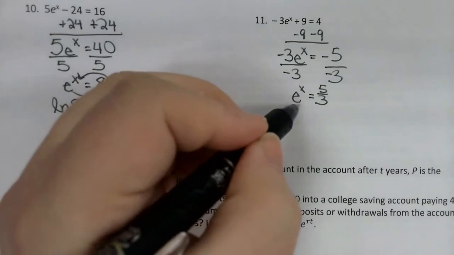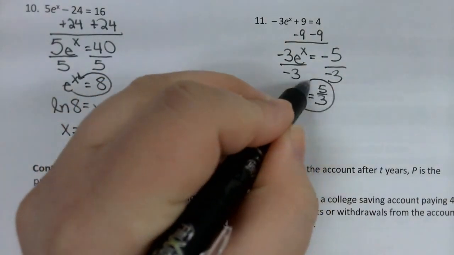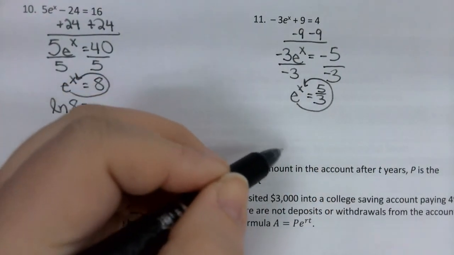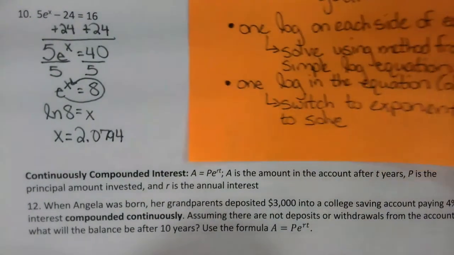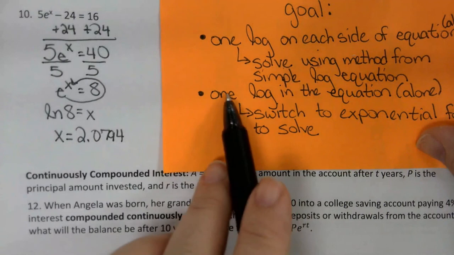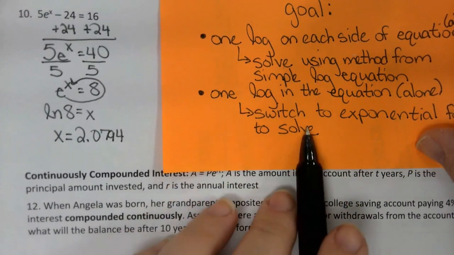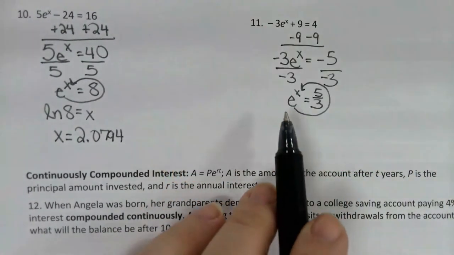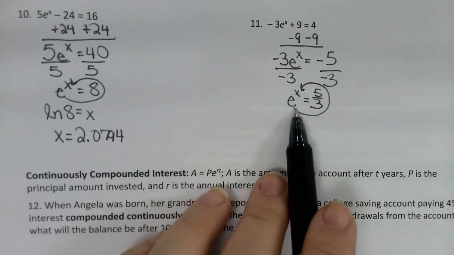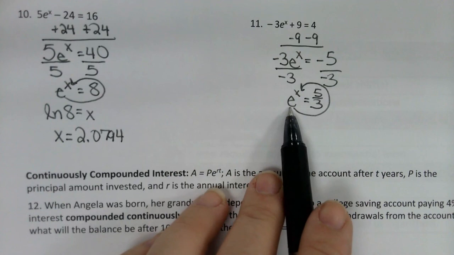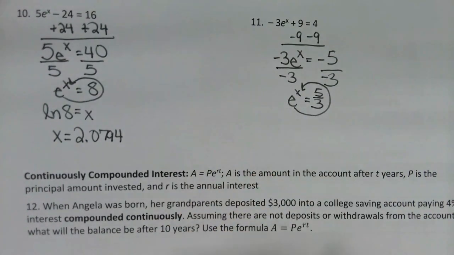Now I can switch it into exponential form. Just like when we had our log equations, and one of the goals that we had was to get one log all the way alone so that we could switch it to exponential form. With these, we are trying to get one exponent or power all by itself so we can switch it into logarithm form.